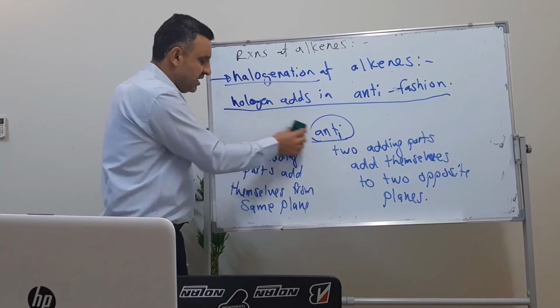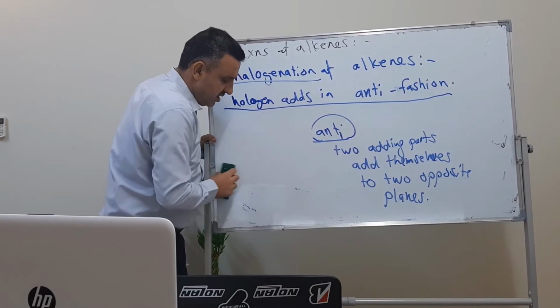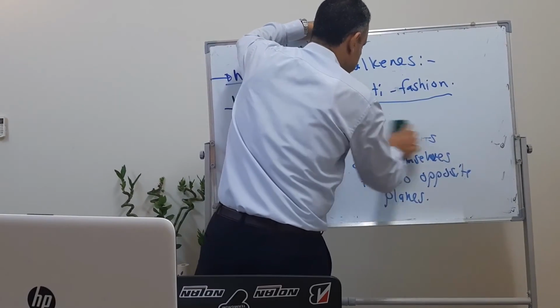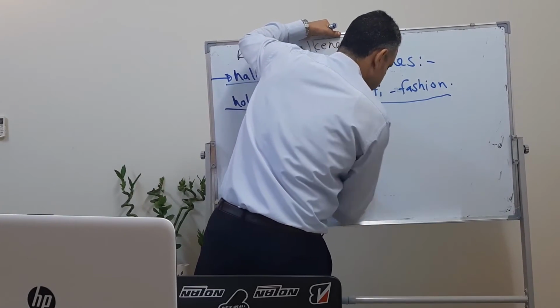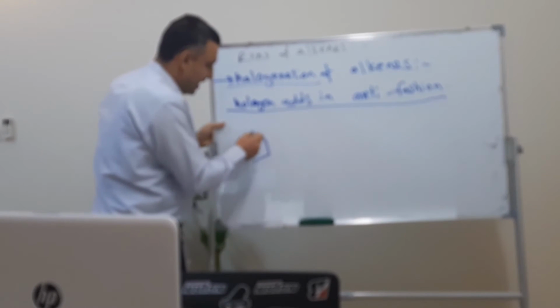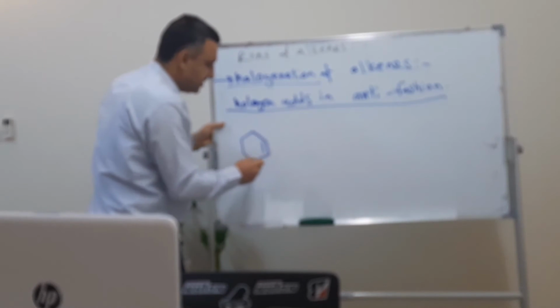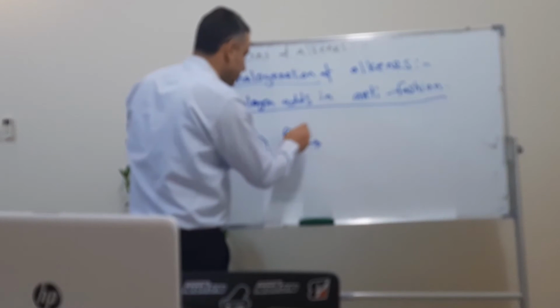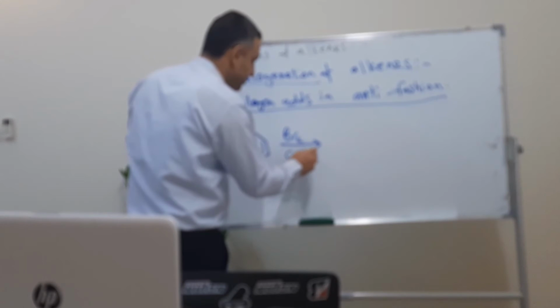Let me just refer back to the previous example. In the previous example, we had cyclohexene reacting with bromine in the presence of CCl4.